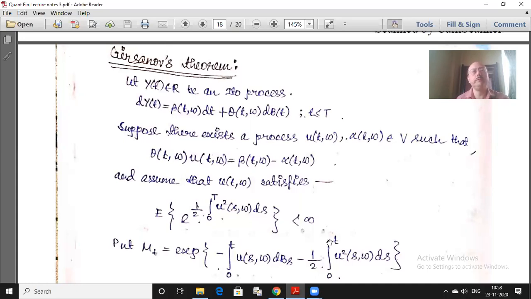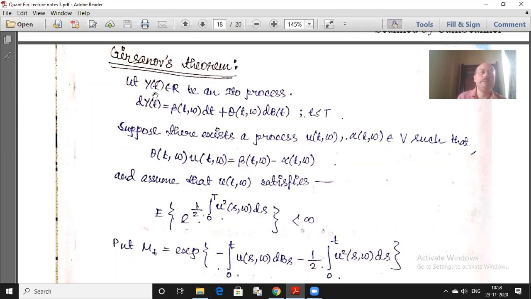Because if we are transforming the random variable, the probability law will transform, and that expression must also be explicitly available to us. That is what Girsanov's theorem will do for us. Okay, so this is the setup. Let us talk about this setup, and then we will see how it relates.